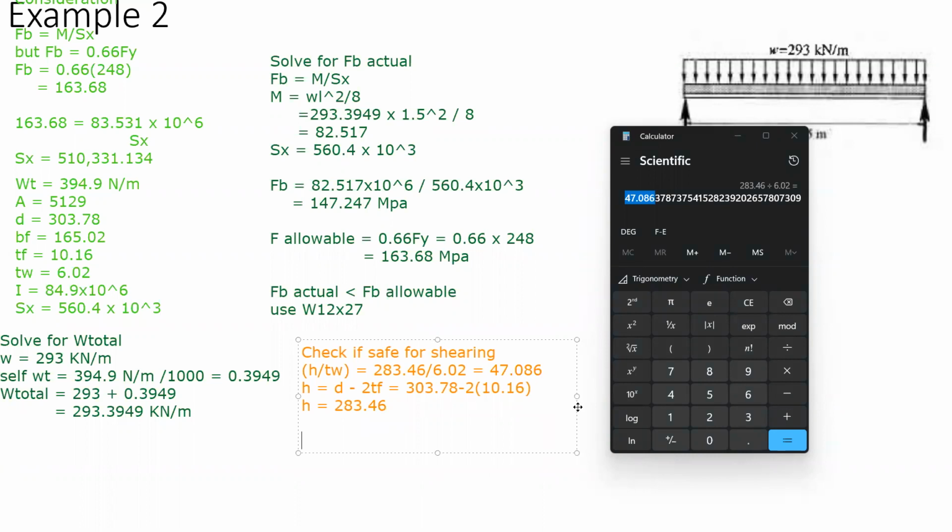Then we compare it to 998 divided by the square root of Fy.